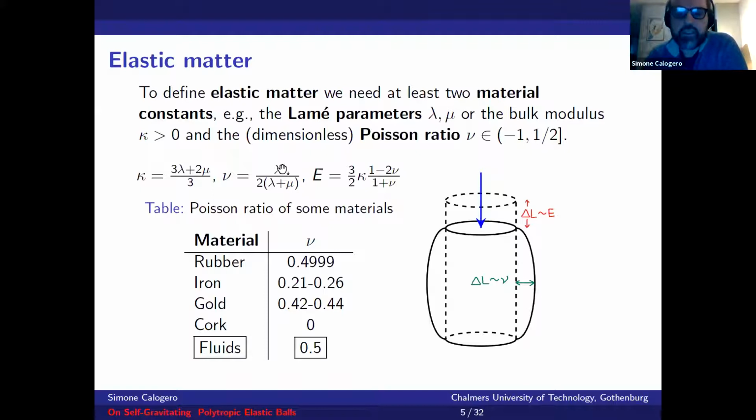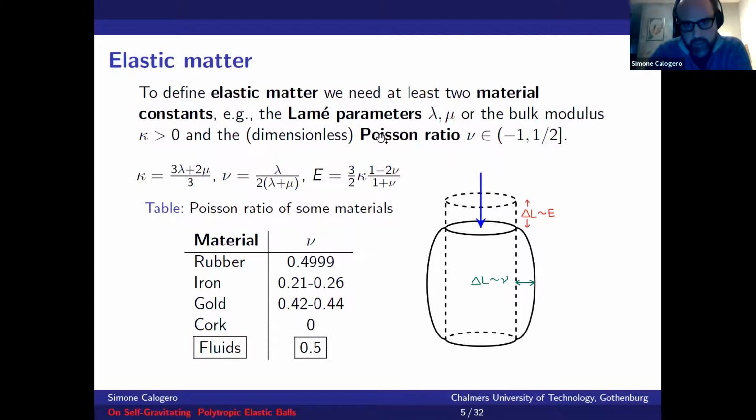But for the purpose of my talk it is more convenient to choose, instead of lambda and mu, the bulk modulus K, so the same that we had in the fluid case, plus the Poisson ratio, which is denoted by nu, and it's a dimensionless number that lies in the interval -1 and 1/2. And this choice of a set of parameters is completely equivalent because these parameters are related by this equation here.